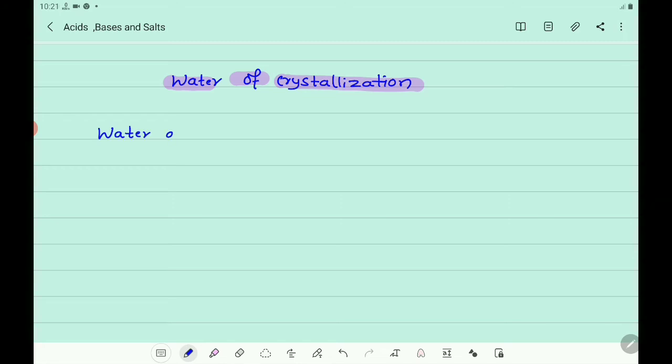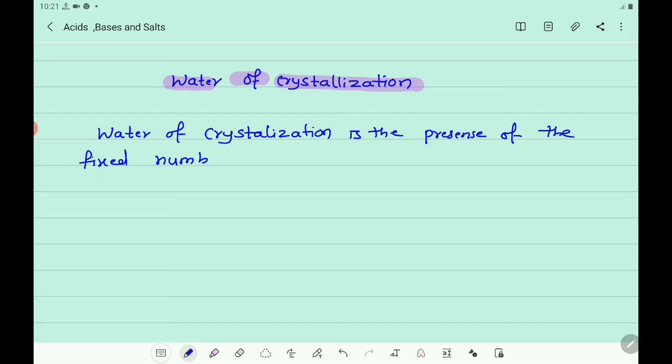So you write that water of crystallization is the presence of the fixed number of water molecules present in one formula unit of salt.